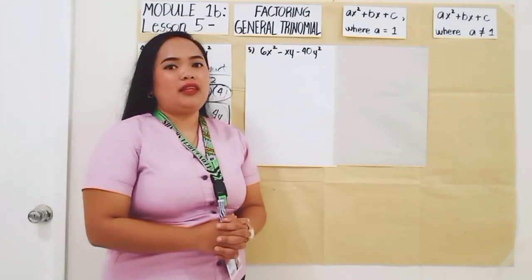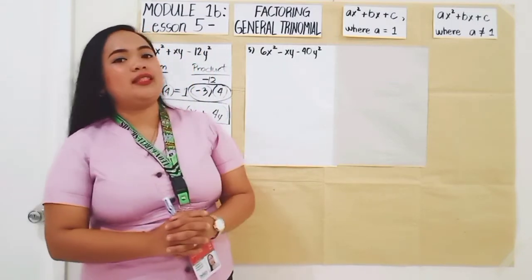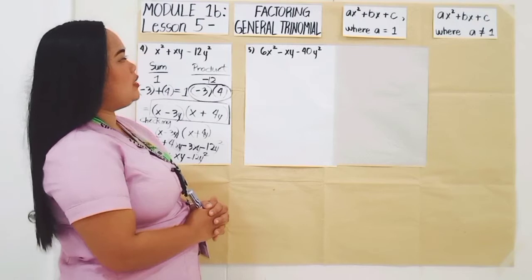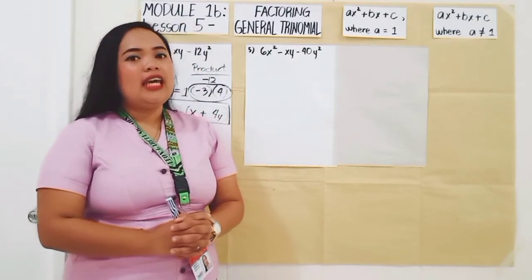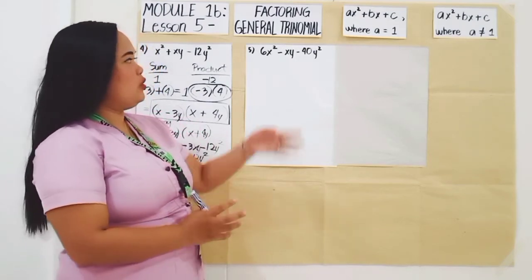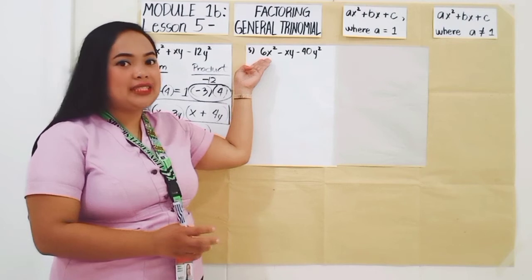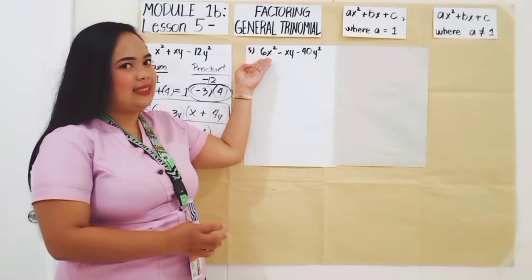Example number 5 and the last example. 6x squared minus xy minus 40y squared. Observe our trinomial. What is the numerical coefficient of the first term? The numerical coefficient is 6.